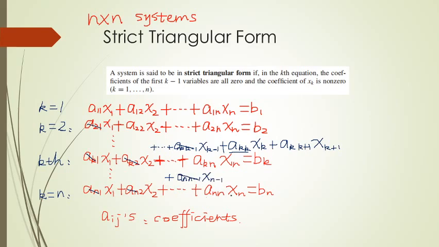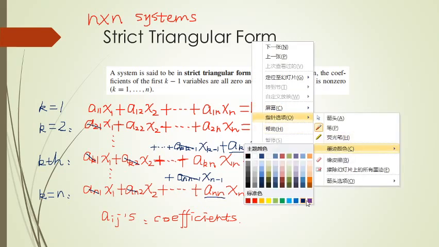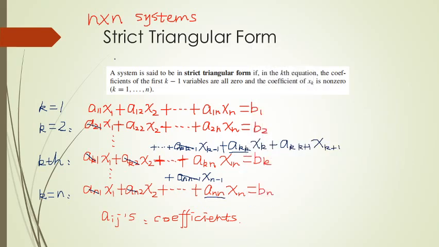We only have ann, the coefficient for xn, which is non-zero. So how does it look if those coefficients are all 0? This is the first one. For the second one, a21 is 0. For the third one, a31, a32 are 0. And until the last one, only ann is non-zero.